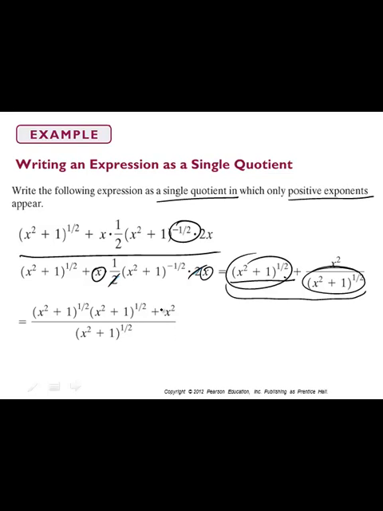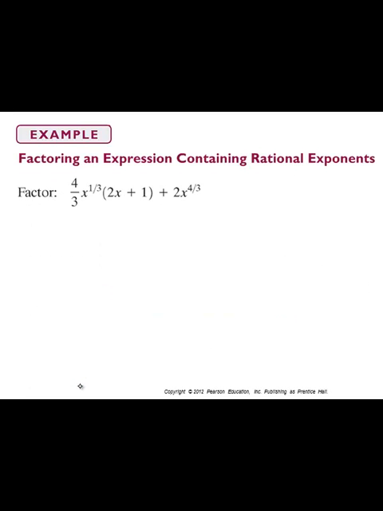And then combine those 2 fractions, multiply. Now, when you have x squared plus 1 raised to the 1/2 power times itself, essentially you get x squared plus 1, and then plus x squared, and that's going to give you 2x squared plus 1 over x squared plus 1 raised to the 1/2 power. And we're done. All right?